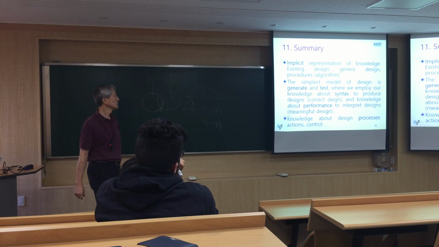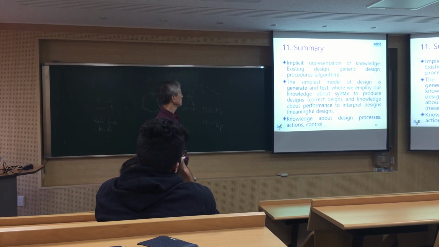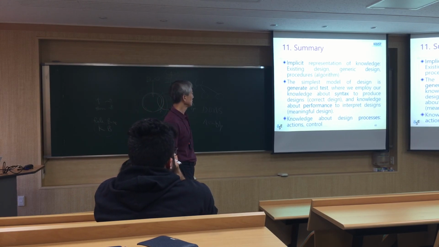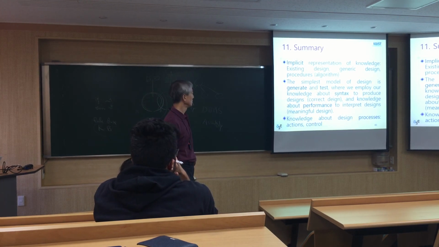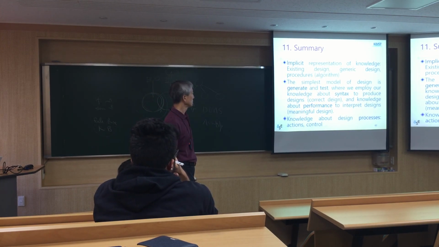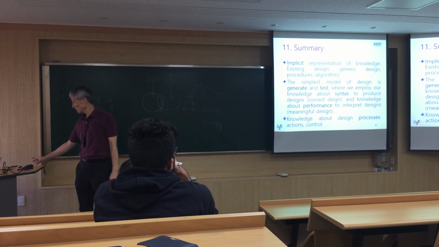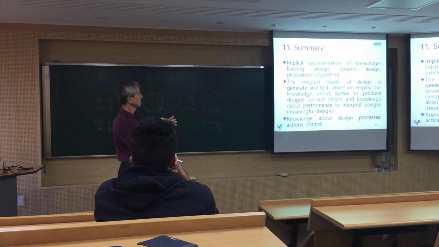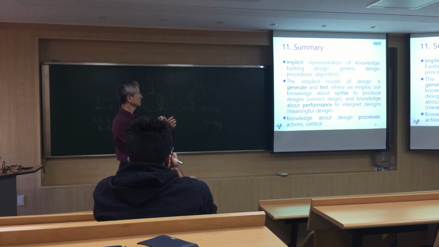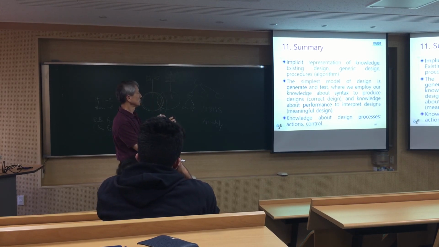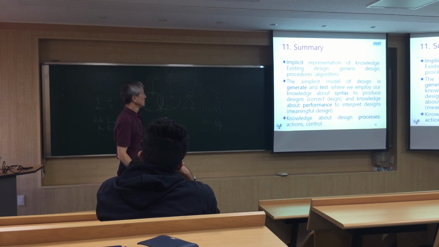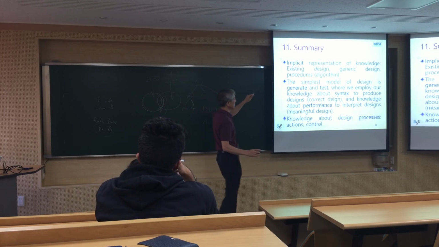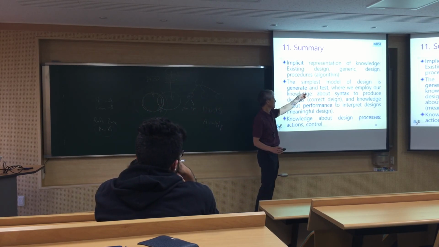This is the final slide. Summary: implicit representation of knowledge is hidden inside, usually the existing design. It contains much knowledge inside: a generic design, general design, procedures, activities, algorithm can be a procedure. And the simplest model of designing is generate and test.